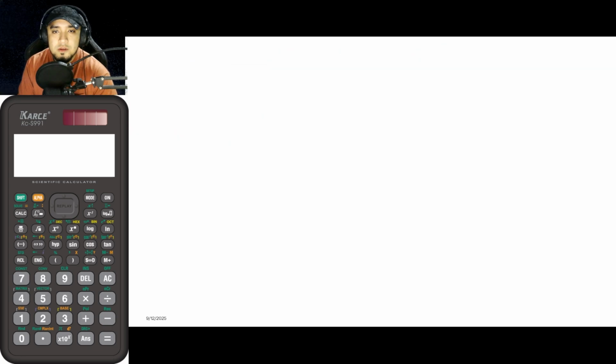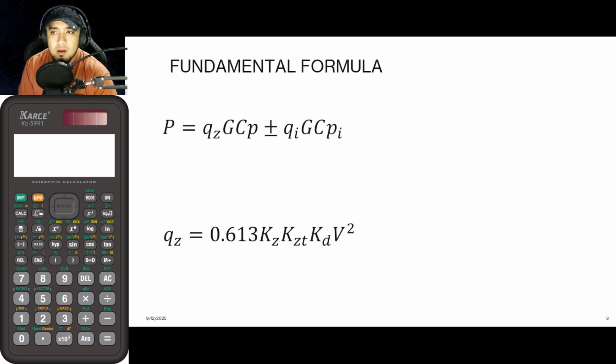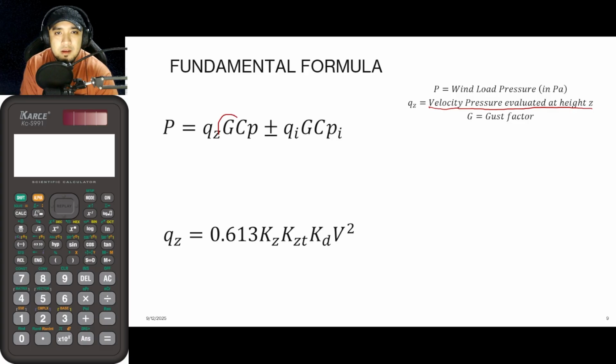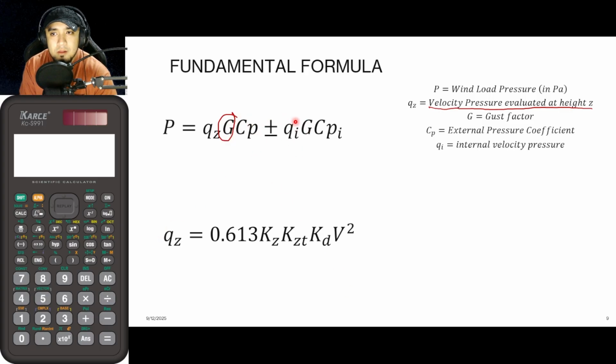So again, going back here, that is the pressure evaluated at height z. Then next, we have here the gust factor G. Then Cp is the external pressure coefficient. qi is the internal velocity pressure.